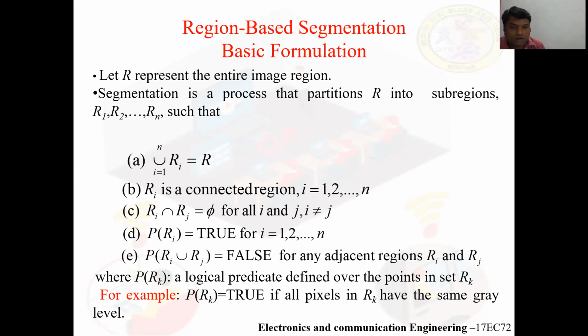P of Ri is equal to true for i is equal to 1 to n. P of Ri union Rj is equal to false for any adjacent regions Ri and Rj, where P of Rk is a logical predicate defined over the points in set Rk. For example, P of Rk is equal to true if all pixels in Rk have the same gray level.